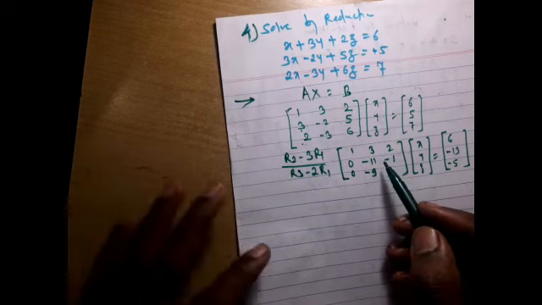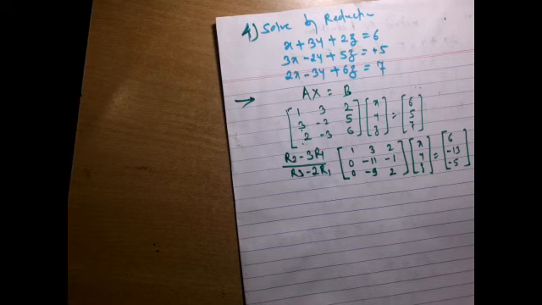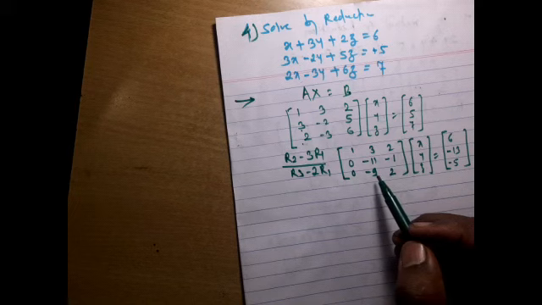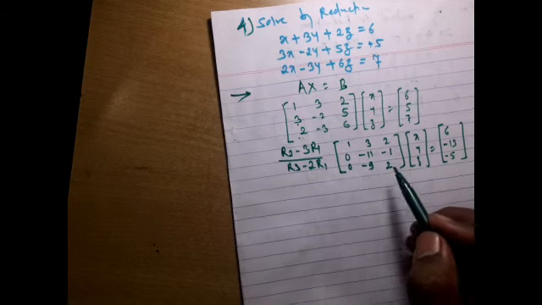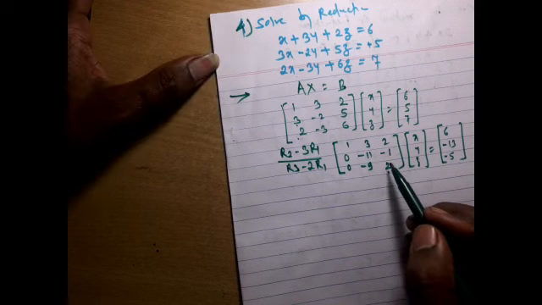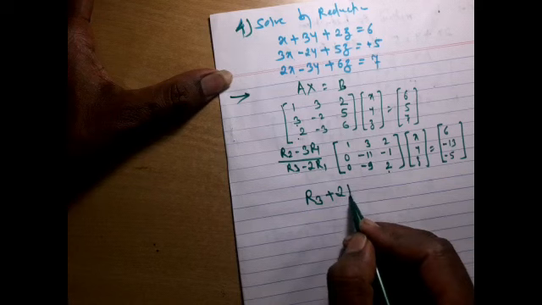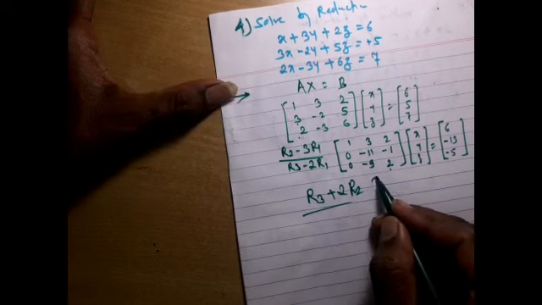So as I told you earlier, it is not every time that we make an upper triangle or lower triangle. Sometimes it is quite complicated. So then make two zeros. Two elements should be 0 in any one of the rows. So these two can be made 0 by the operation R3 plus 2R2.